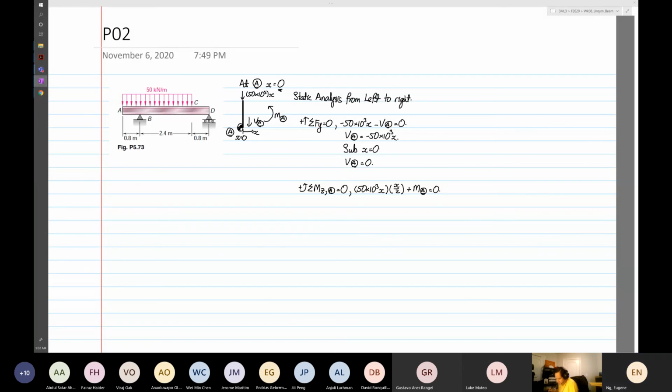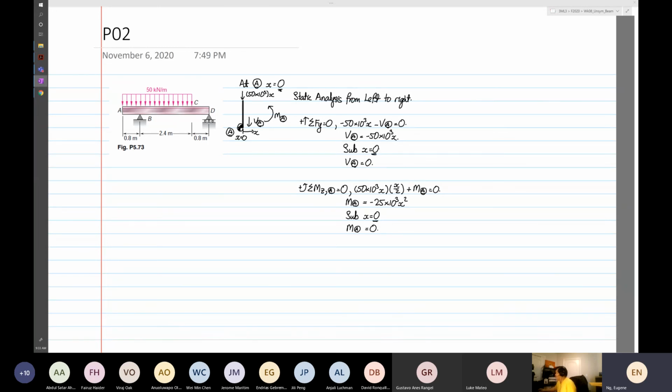From here, we can write that moment about point A is equal to minus 25 times 10 to the power 3 x squared. Then we substitute x is equal to 0. We found that moment at point A is equal to 0. Like what I told you before, because it's at a fixed point, the x value is fixed. That's why all these are a constant.